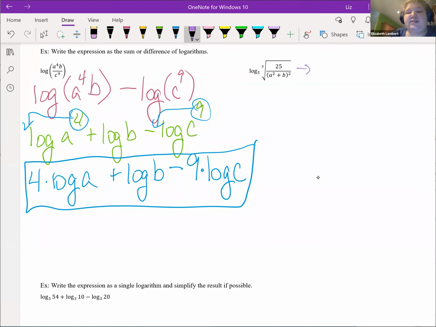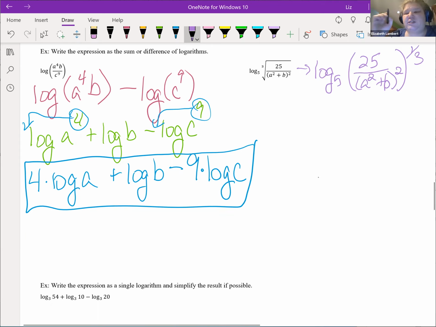So this is the same as log base 5 of ugly mess to the 1/3 power, just like we did the 1/5 power earlier. So we power down.